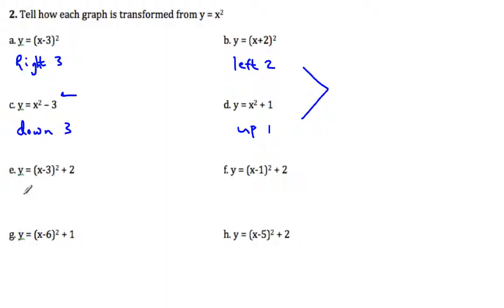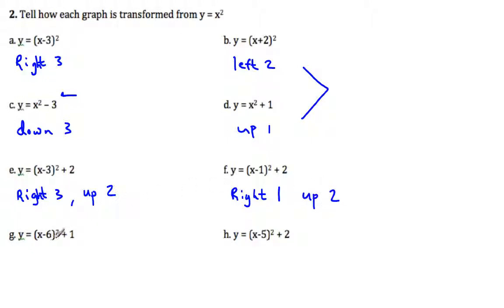Now let's put it all together. X minus 3, that's opposite. That moved right 3, and up 2. X minus 1, this moved right 1, and plus 2, up 2.